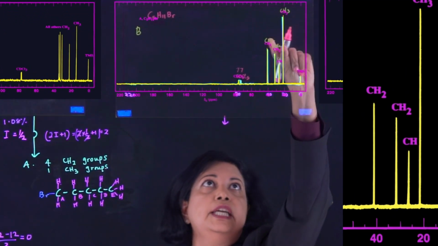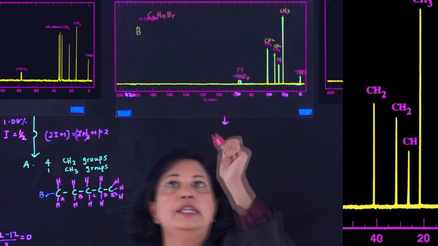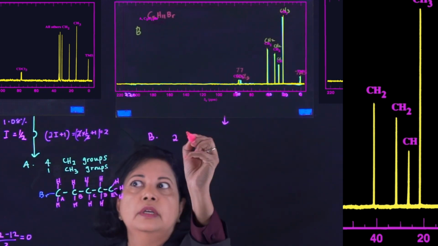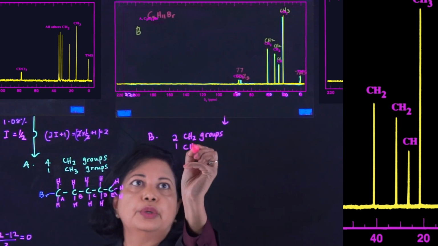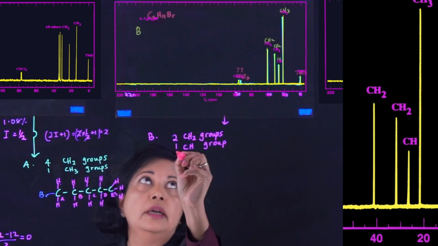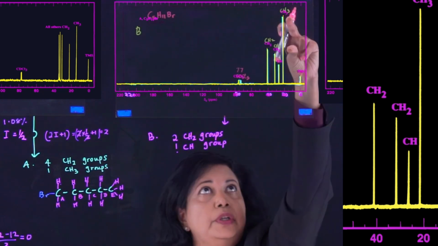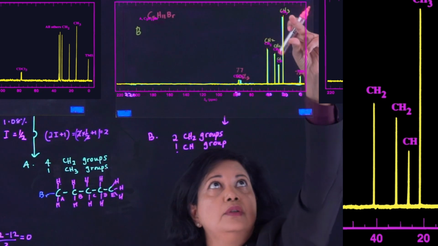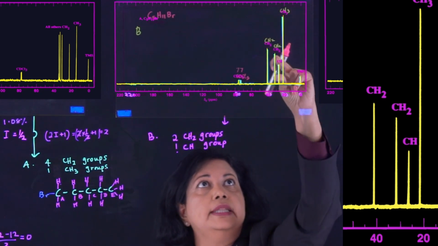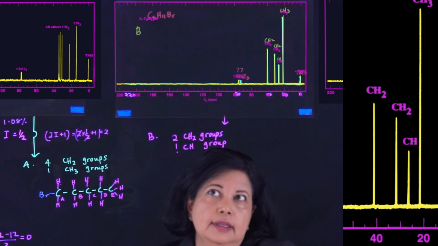You have CH2, CH2, CH, and CH3. So B has two CH2 groups, one CH group, and one or two CH3. Well, we don't really do integration here, but the CH3 peak here is almost twice the height of these CHs.